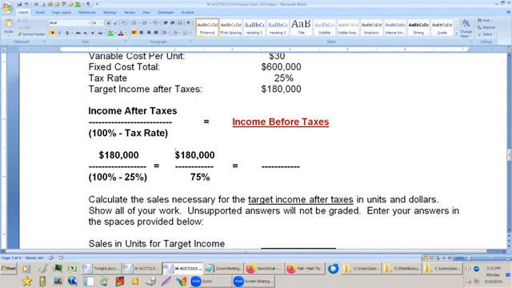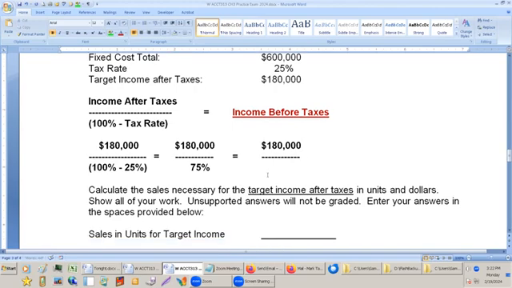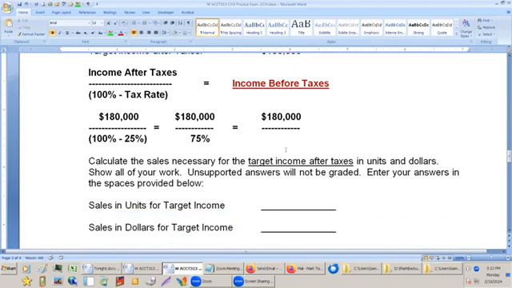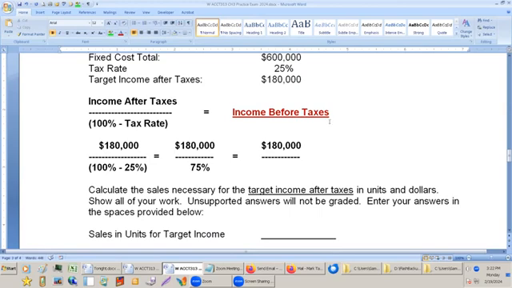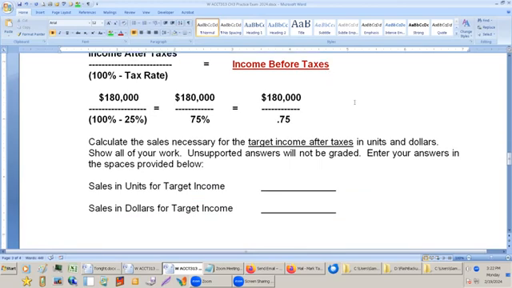And so that equals, let's spread it out a little. I'm going to change the 75 into a decimal, so this will be 0.75. If you've got a nice calculator, your phone probably can do it too.